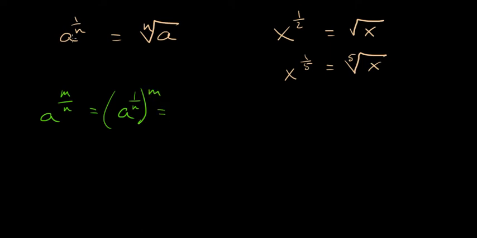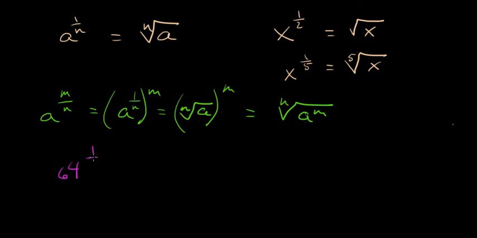And remember, this is equal to what we see above, which is the nth root of a, and we raise that to the m power, which is the same as the nth root of a to the m. And this looks a little confusing at first, I know, but let's try this in real life, shall we?